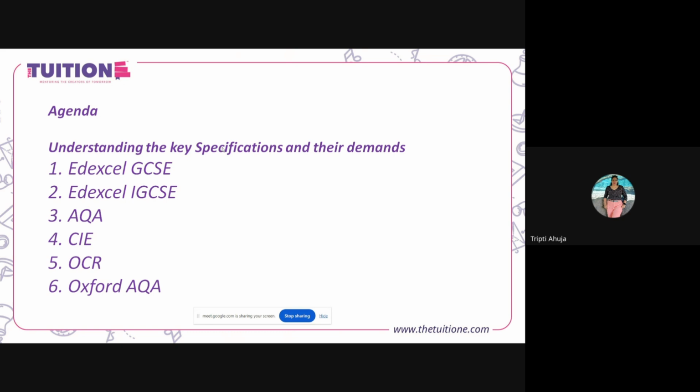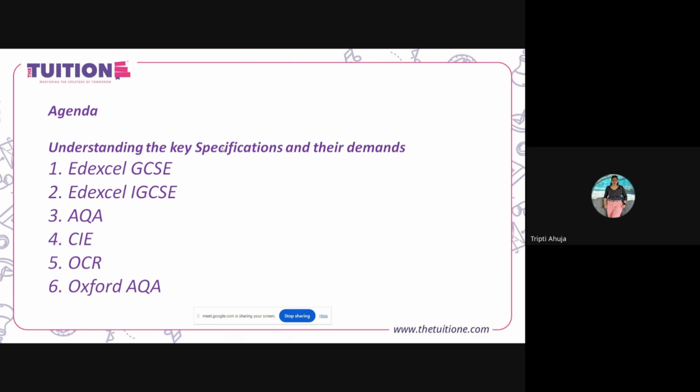In terms of syllabus, I felt it's not that difficult. Syllabus wise, more chapters are there in the Indian curriculum, whereas the number of chapters was less in GCSE, but more in depth.